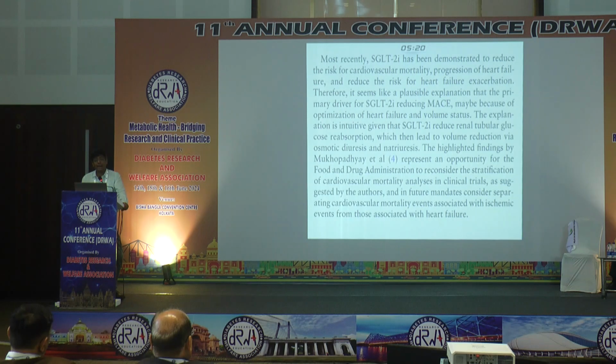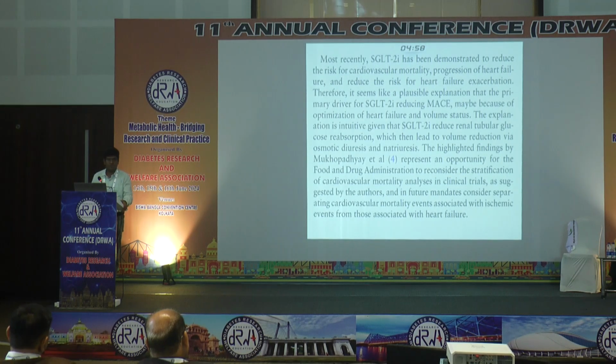In the future, it mandates considering separating cardiovascular mortality events associated with ischemic or atherosclerotic events from those related to heart failure. So we've learned now that when you're talking about cardiovascular outcomes, you should think of the outcomes in terms of heart failure outcomes and atherosclerotic cardiovascular event outcomes.